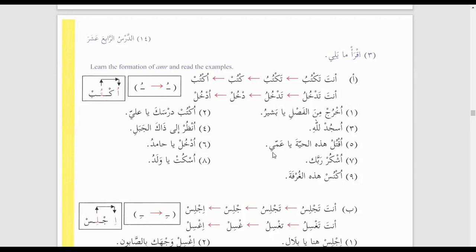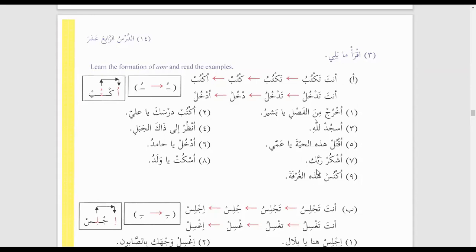So uqtul is also from qatala yaqtulu, from taqtulu we make uqtul. It has to be sakin because we are not connecting it with al, so that's why it will be read completely as uqtul. Udkhul ya hamidu, get in, O Hamid. Again, tadkhulu, and from tadkhulu we have udkhul.